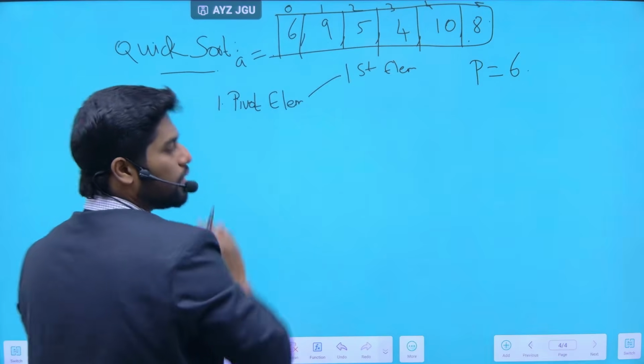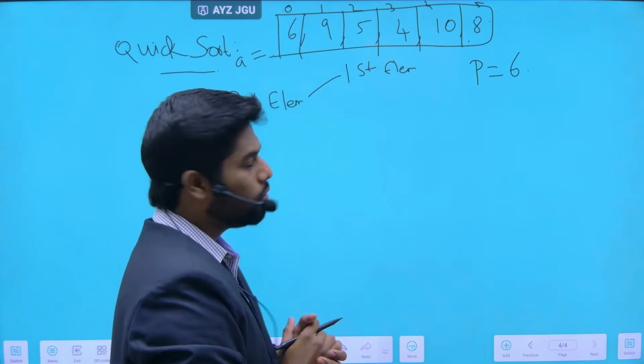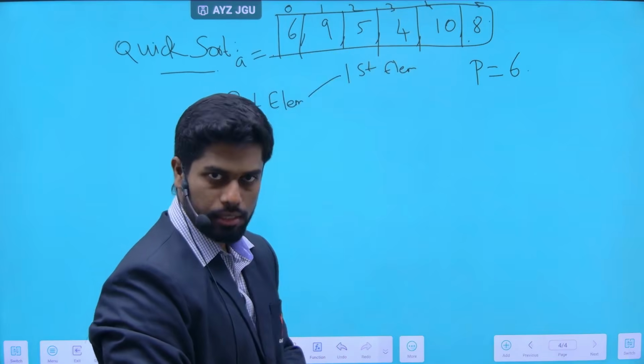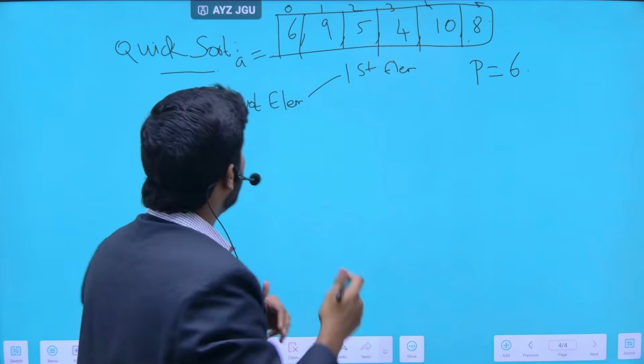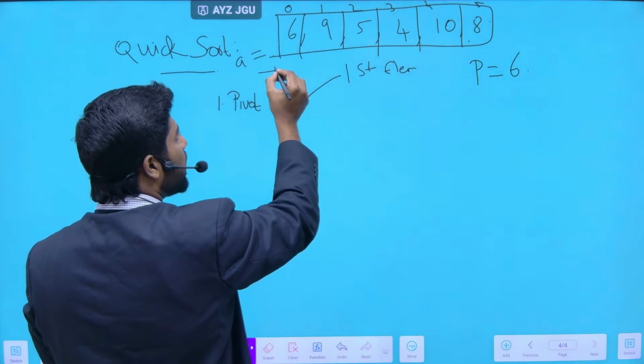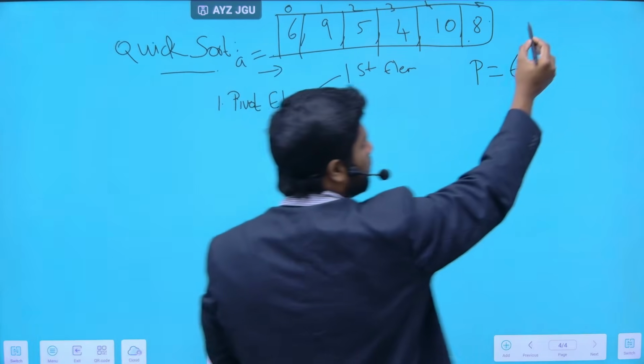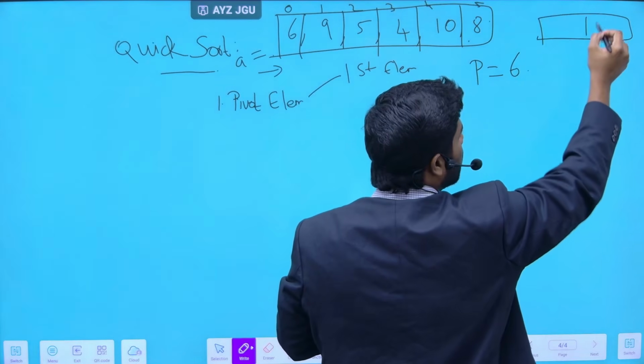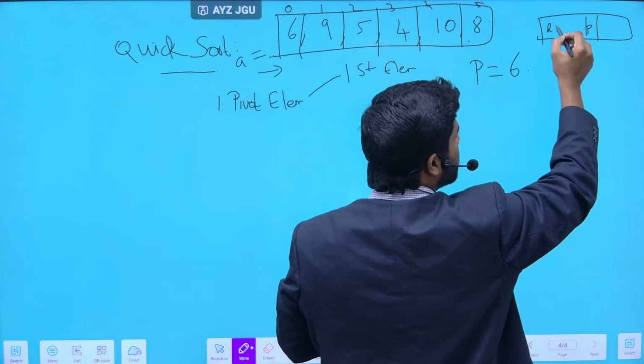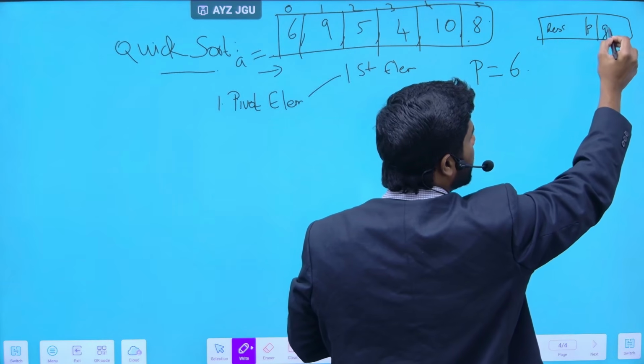After choosing the pivot element, what is the procedure to sort this? I am taking the pivot element from this side. This side will be smaller and this side will be greater.